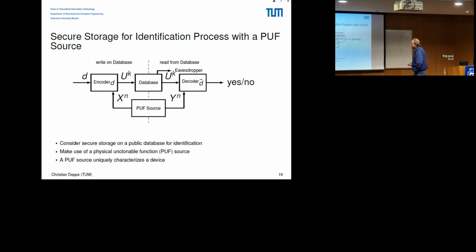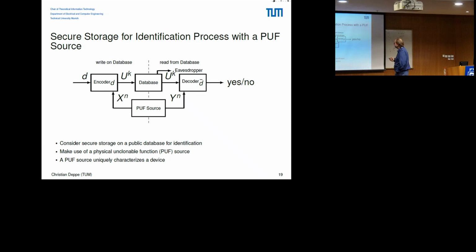Now we apply this to a model which is called secure storage for identification with a PUF source. The idea here is that we have a storage of k cells, and we have an encoder who writes on this database, and a decoder who reads from the database.